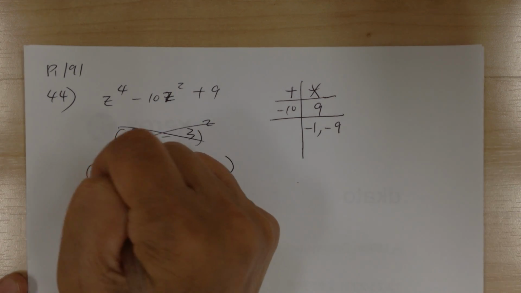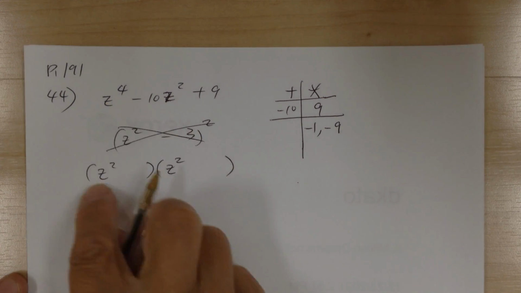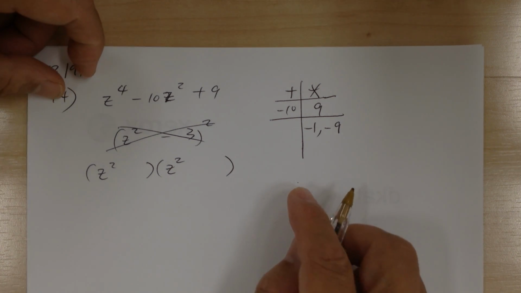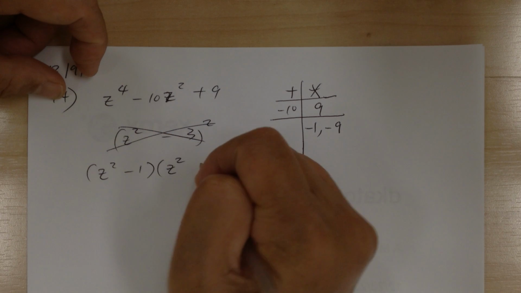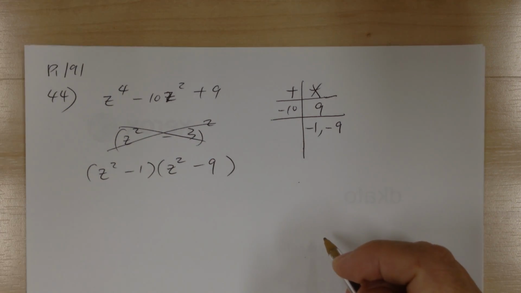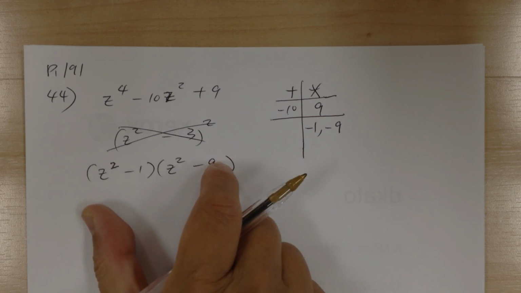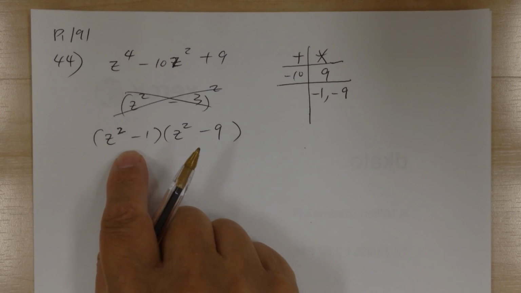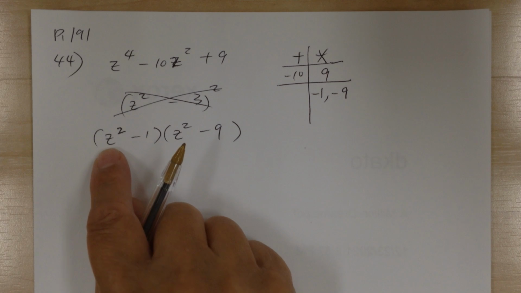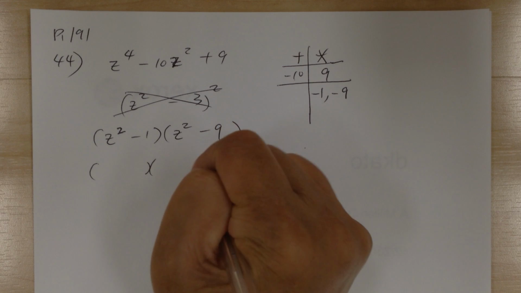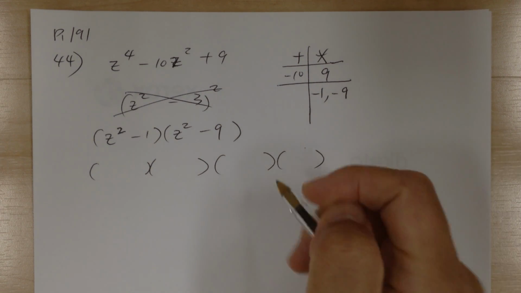So you're going to get z squared, you have to match that. Then after that, you need to get minus 1, minus 9. Now, once you break into 2 smaller parts, you have to start all over again. You have to notice that this is a square minus square. So you're going to get 2 sets of parentheses, and this one also 2 sets of parentheses.